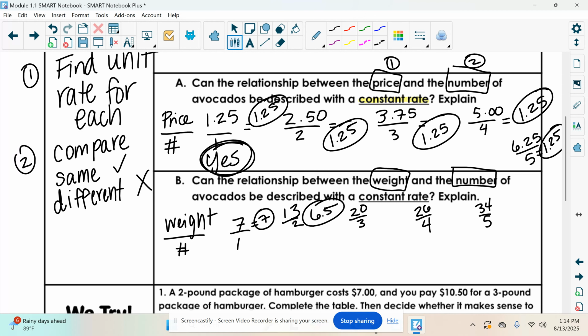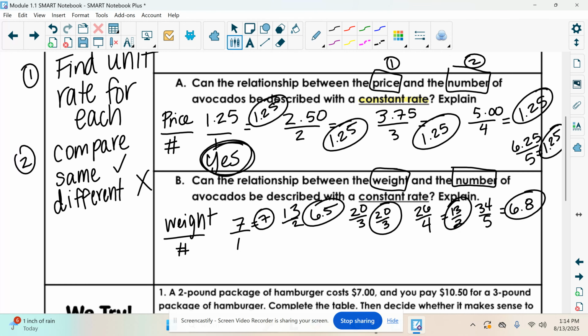Who did I say 20 over 3? All right, Jaden. Okay, we just left it 20 over 3. You could change it to a decimal, which would be 6.6 or something. All right, Jacob, what'd you get? And Corey? What do you notice about those?